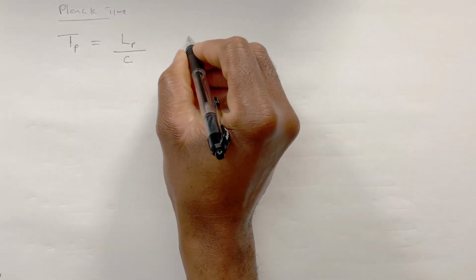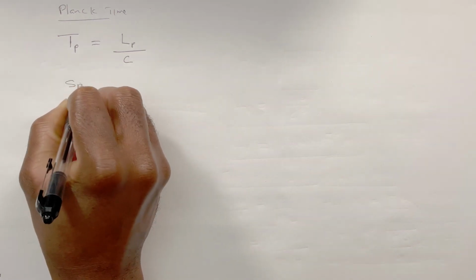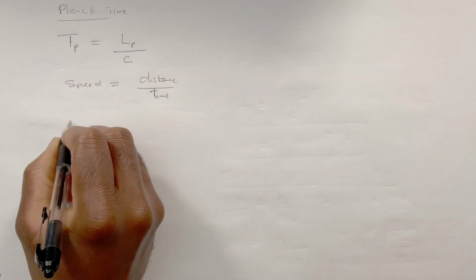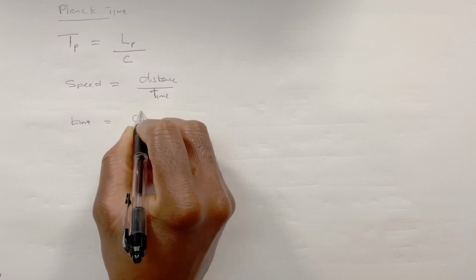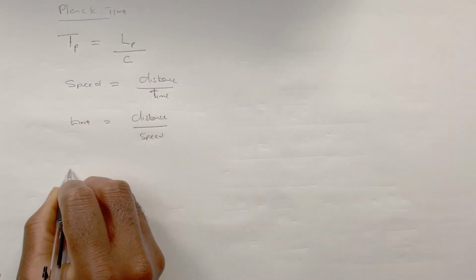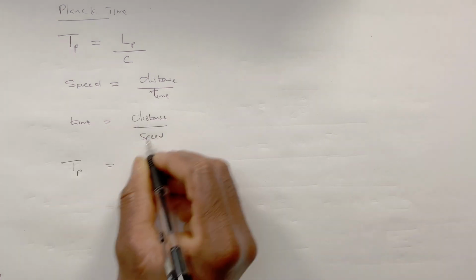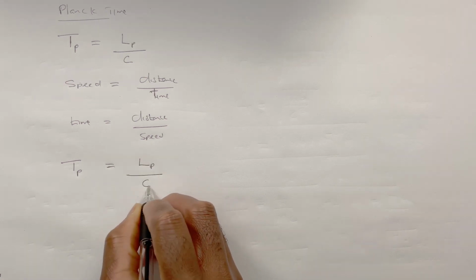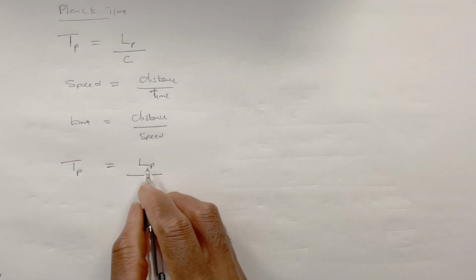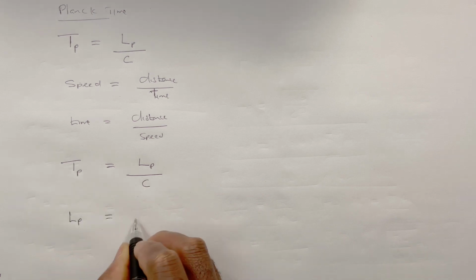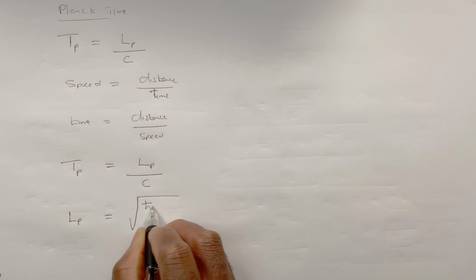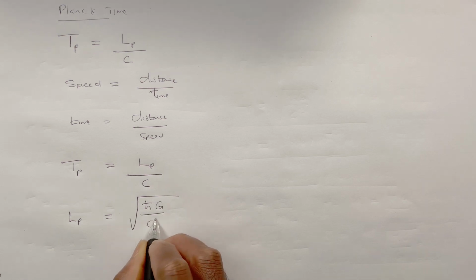We can write speed equals distance over time, and therefore time is distance over speed. But the Planck time will be the distance, which is Planck length, over the speed, which is the speed of light. We know what Planck length is, so our L_P is the root we just calculated, which is root h bar big G over c cubed.